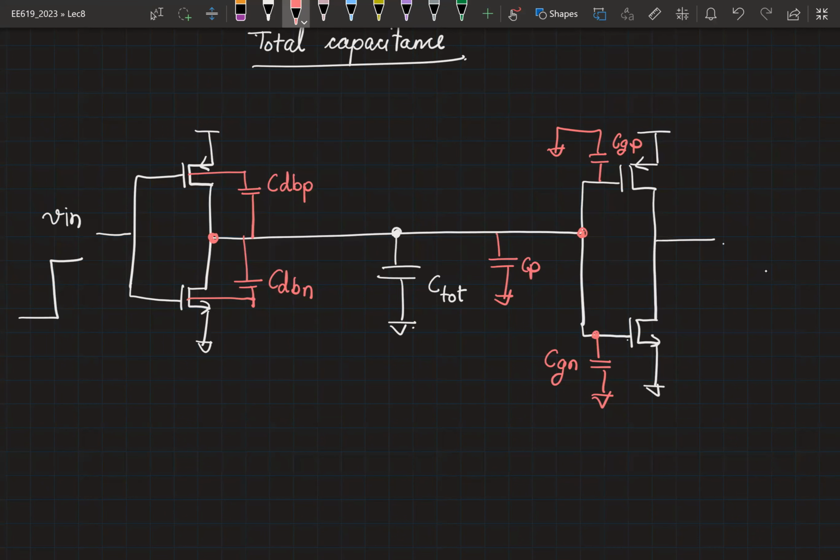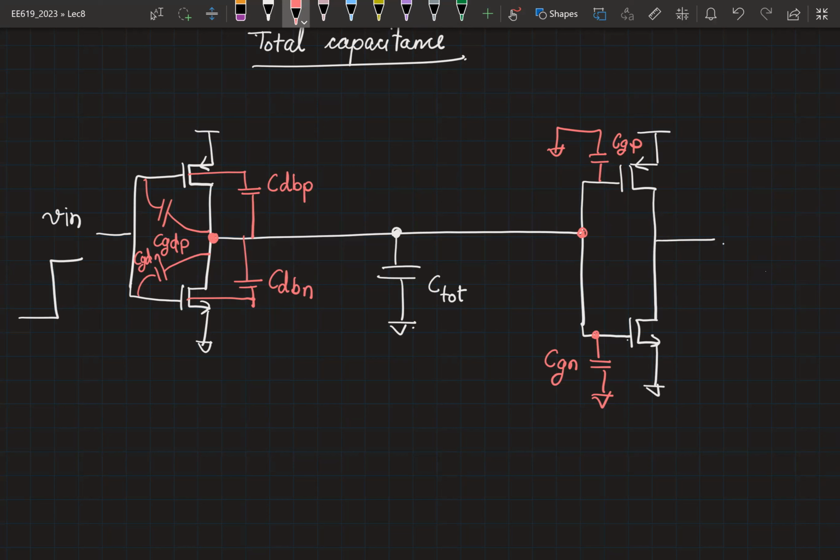So you can always add whatever capacitance you calculate from all these transistors, you can add CP to it. So for now, I'm going to assume that CP doesn't exist. Okay, we'll assume ideal interconnect. Is there any other capacitance connected to this node? CGD, right? So you have a CGD connected like this. So CGDP, and you will have a CGDN.